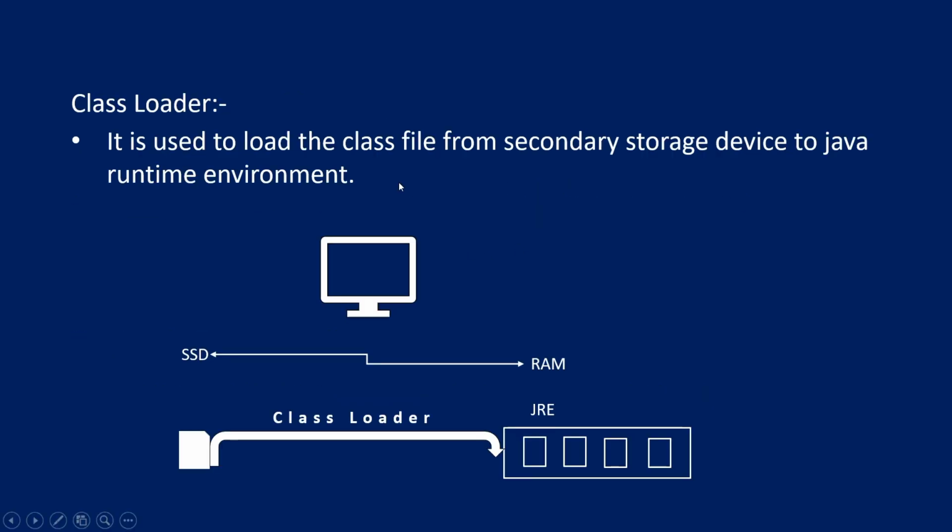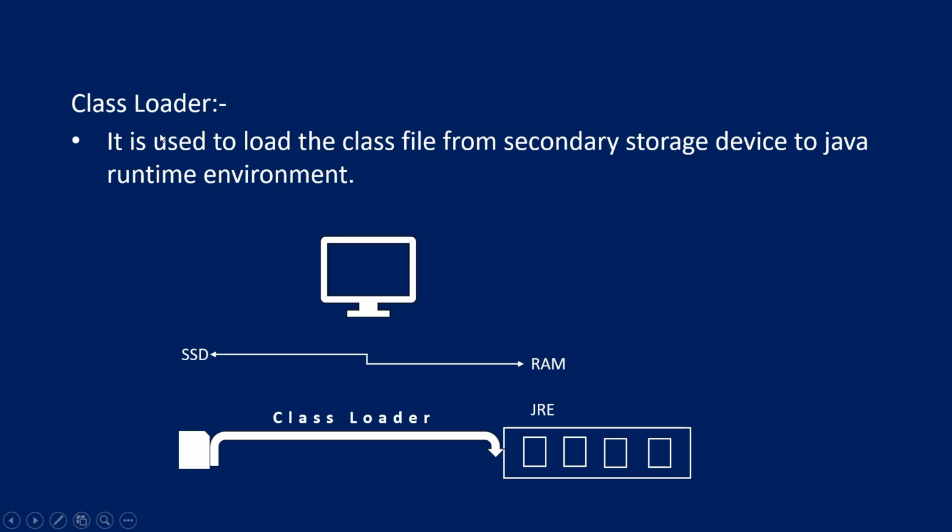And the next one is the class loader. It is used to load the class file from a secondary storage device into the Java runtime environment. Means if you are writing a program, say a hello world program, and you run it, what will happen in the background?